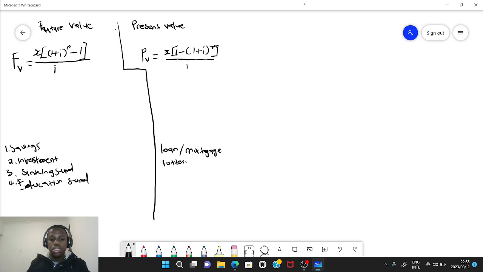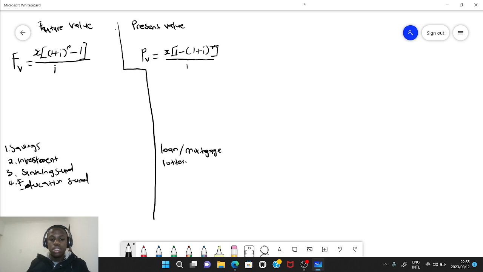So looking at these variables, they remain the same, right? The only difference in future value and present value is my x. In present value, because we are speaking about the loan, it will be a monthly payment or monthly installment. That's the only difference.